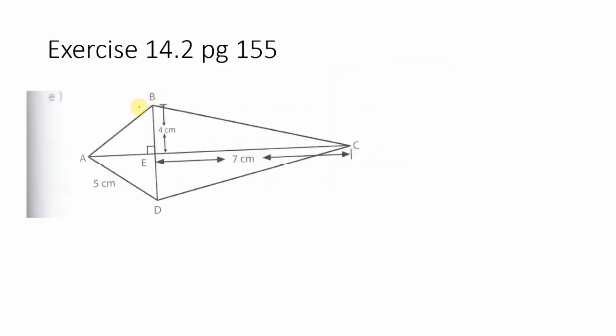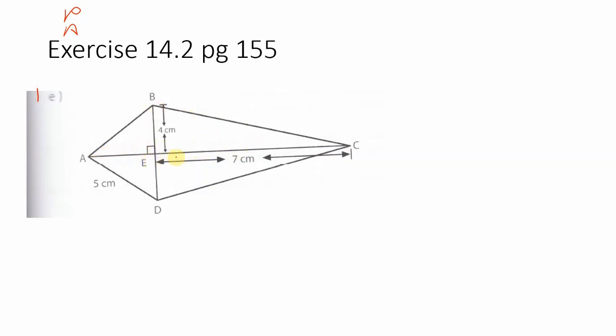So to illustrate this, we will do number 1 E of exercise 14.2, page 155, where we have to calculate the perimeter as well as the area of the composite shape, in other words the complete shape.